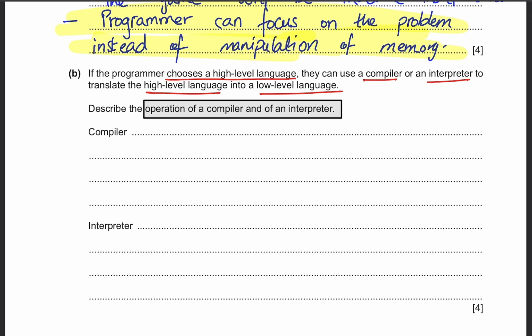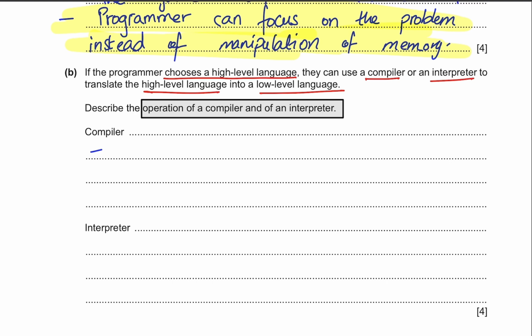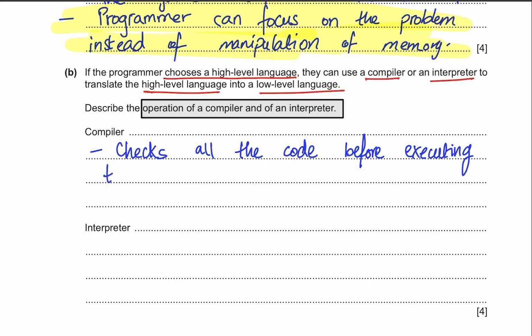If you have studied this topic, a compiler basically checks all the code before executing the file, and it produces an executable file.